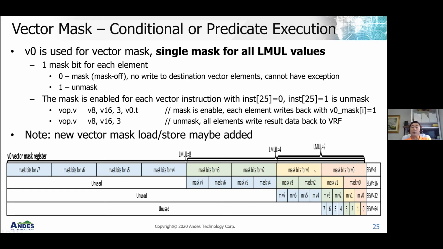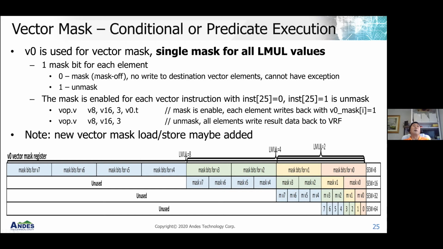For Elmo equal 4, you can use 256 bits to have 1 mask bit for each one of the elements, or you can use the whole thing. And of course, when you go to SAU equal to 64, at most you can only use 64 bits of the mask register.